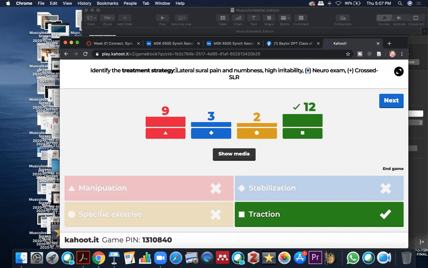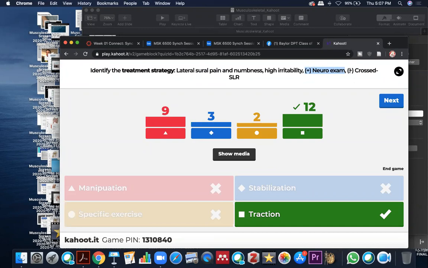I was talking to him about this after class and through emails. What he's leaning towards is that they have pain below the knee, so this is at the calf, and then they have a positive neuro exam. You can start to rule in the radiculopathy. But if it's negative, then you can start ruling down the radiculopathy.